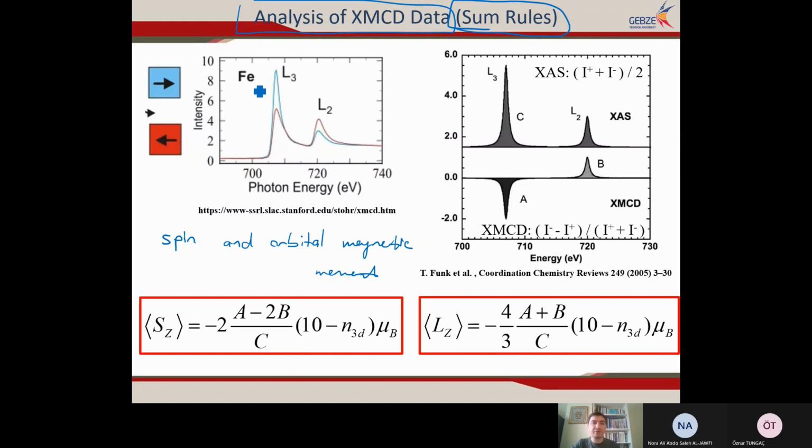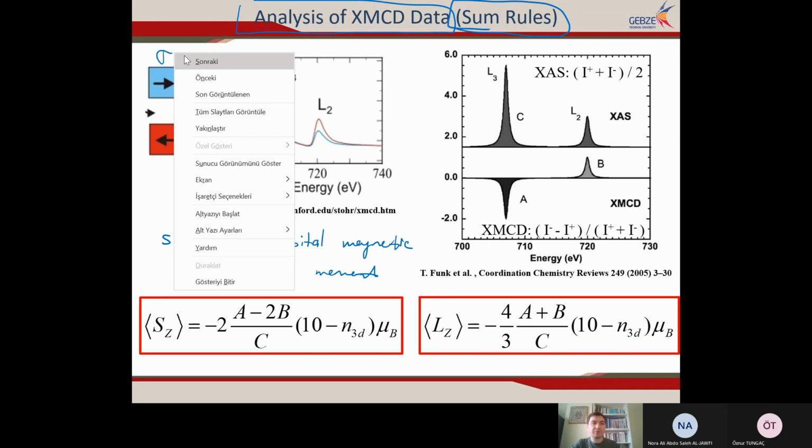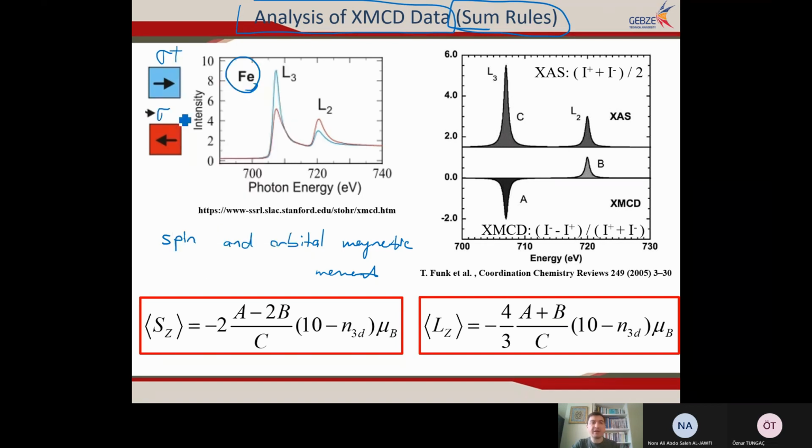Just consider that you are investigating iron and you have used right circularly polarized light, and you have used left circularly polarized light, and then you have recorded this data. What do you see here? This blue one, let's consider, was taken with right circularly polarized light. This red one was taken with left circularly polarized light.